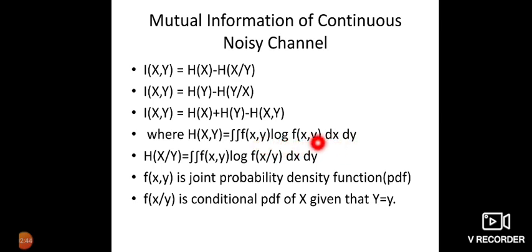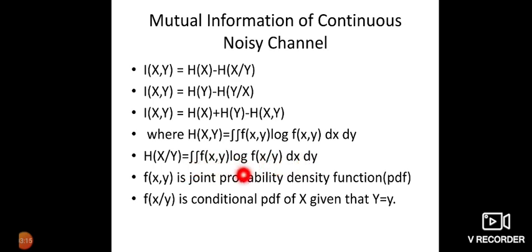If you compare this expression with the discrete source expression, you will get how to write that. Instead of p of xj comma yk, here it is f of x comma y. That is, instead of probability, here it will be probability density function. That is the only difference. All other concepts are the same for the discrete and continuous. Then this is the conditional entropy, h of x given y: double integral f of x comma y log f of x given y dx dy.